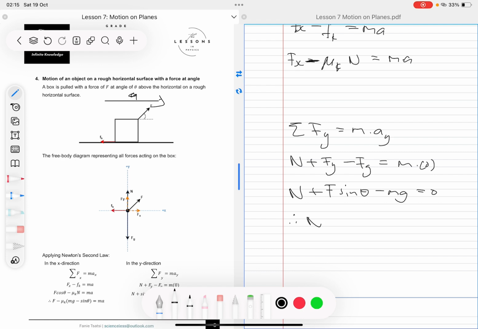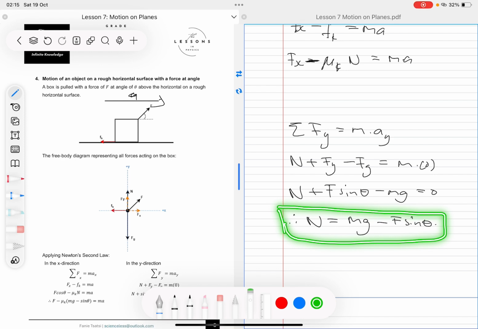So this means here that the normal force is equal to mg, which is going to be positive when it goes to the other side, minus F sine theta. Do you see now that in this scenario the normal force is not equal to the force of gravity? It's actually the force of gravity minus the y component, right? We're subtracting the y component from it.